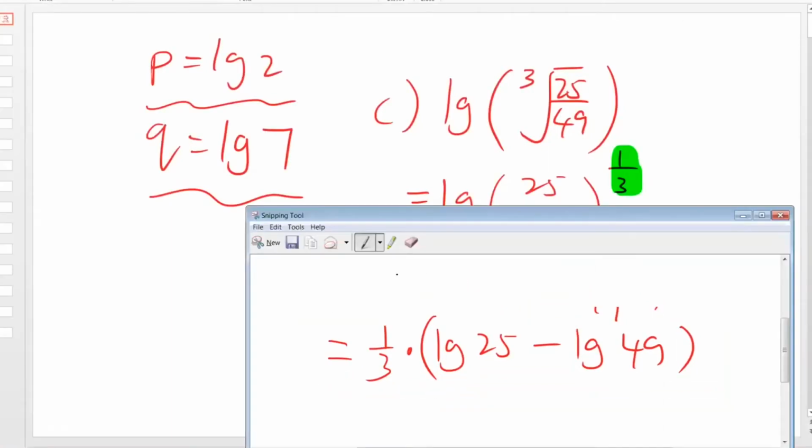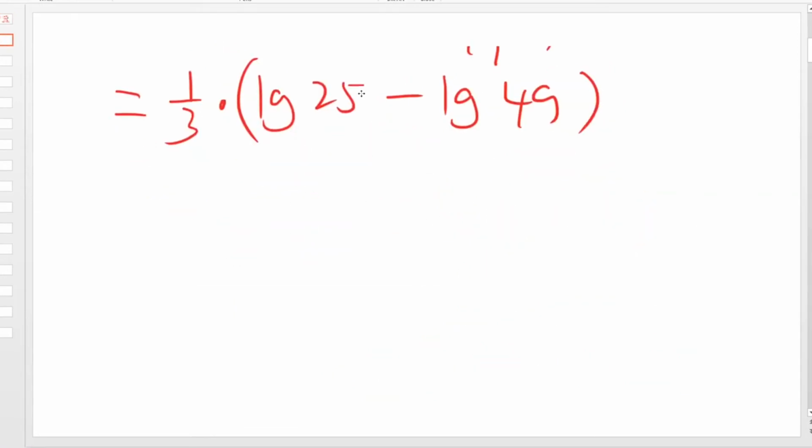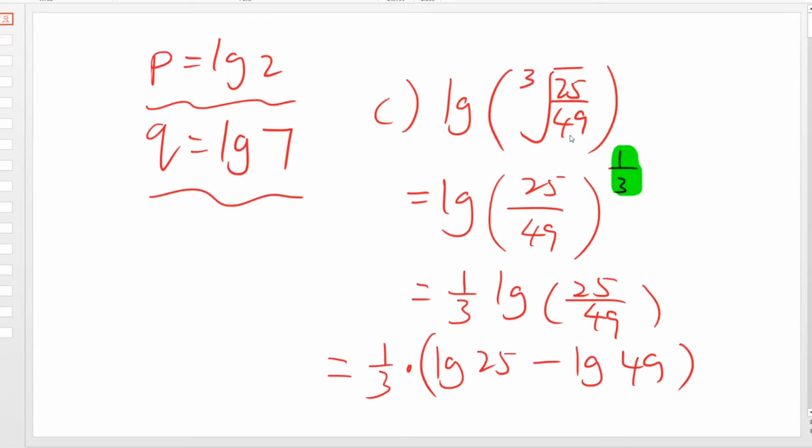But can I ask a question? Yeah, go ahead. When I change it from the cube root to the power, I never put the bracket. So it's just 25 over 49, then the power on top. Does that matter?